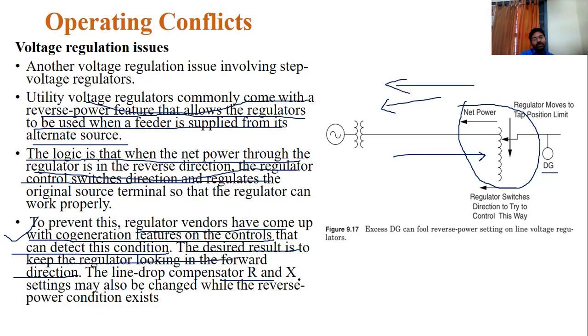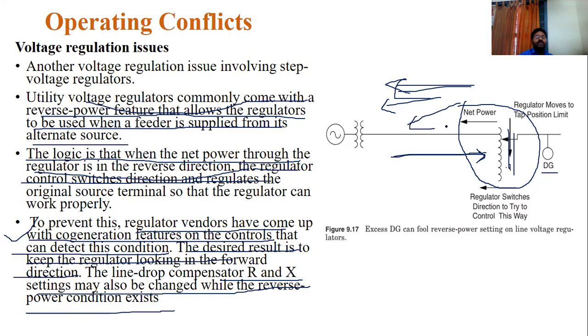The line drop compensator, remember, the line drop compensator setting may be changed when the reverse condition exists. As I said, if there is a fault in this one, under normal conditions it is like this. If there is any fault, there may be a current reversal in this direction. But what is our aim here?